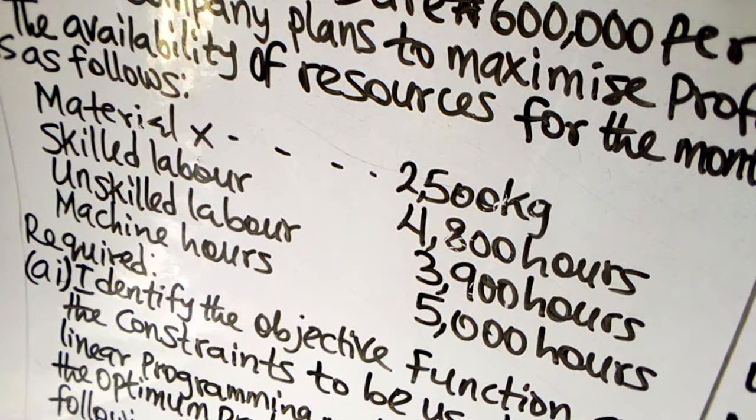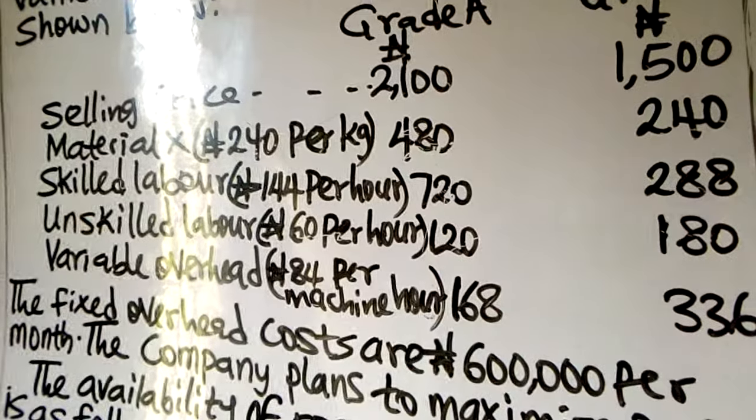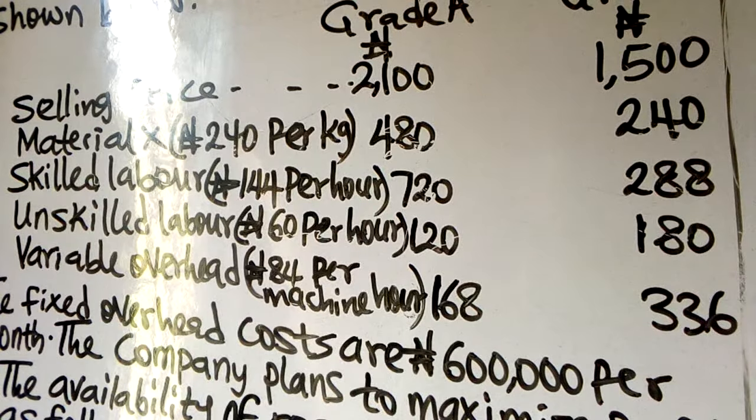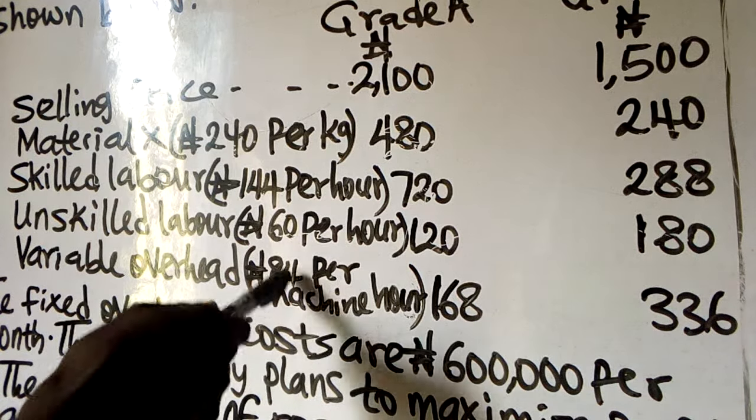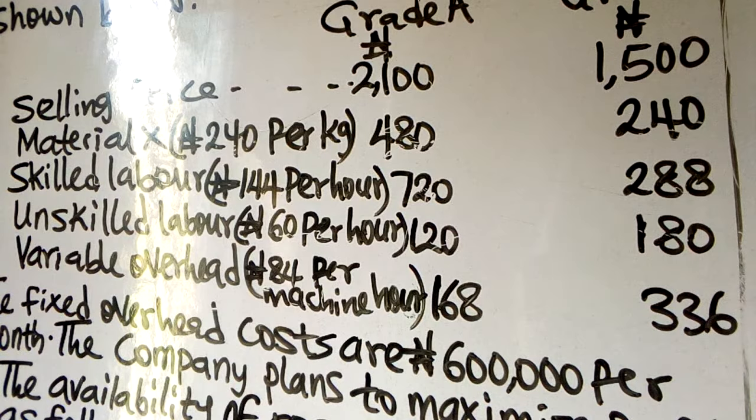Now, since the 5,000 is in hours, let's go to the cost structure for the 2 grades. You were given variable overheads and you were told it's 84 naira per machine hour, and you were given 168 and 336.